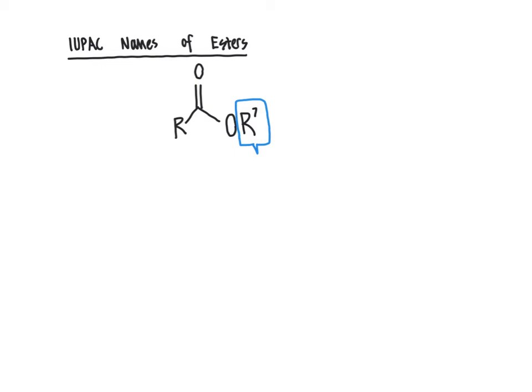So you would name that alkyl group within the name of an ester. And then the other part of the molecule, that is our carbonyl directly bonded to the oxygen, we name as an alkanoate. So take whatever the alkane name would be that would correspond to the carbonyl plus however many other carbons were over here and branches and things, and name that and tag the term oate onto it, so an alkanoate.